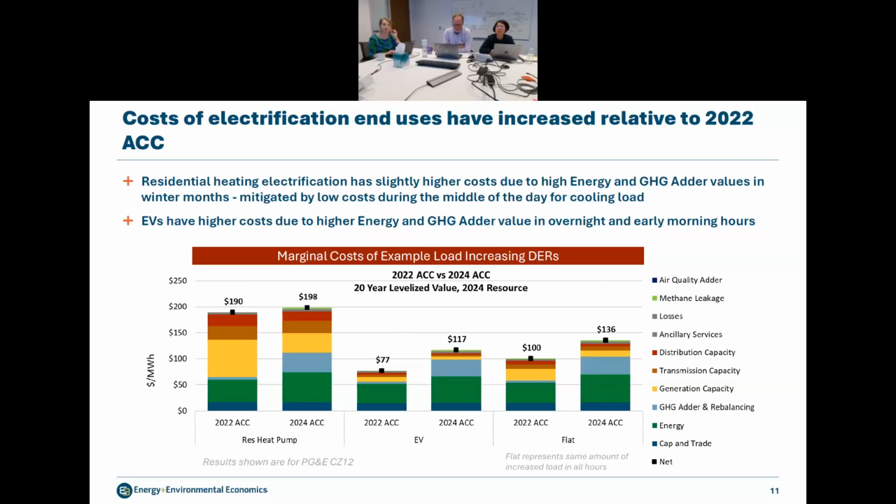So having some load considered to be also a resource seems pretty confusing, and I've never been sure what the purpose of it is. Is there some policy decision that can be made from knowing what the value of a load increasing DER is? I'm not aware of any incentives or anything that information would inform. Is there something that information is informing?